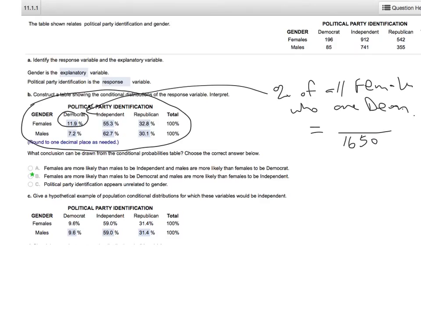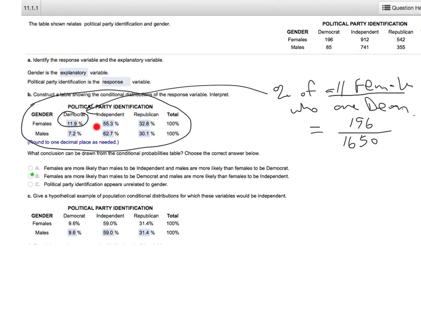So that's the number of females. So percentage of all females would be out of 1,650 people. That's adding up these three numbers. That's how many females I have. And of those 1,650 people, 196 of them are Democrats. So that's the number right here. So that is the number that if you do the calculation, you'll find is 11.9%.